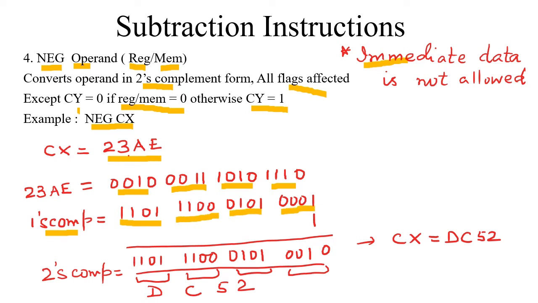To convert it into 2's complement, add 1 to it and this becomes 1101, which is equivalent to D in hexadecimal, 1100, which is equivalent to C, 0101, which is equivalent to 5, and 0010, which is equivalent to 2. So after this instruction, value of CX is DC52.